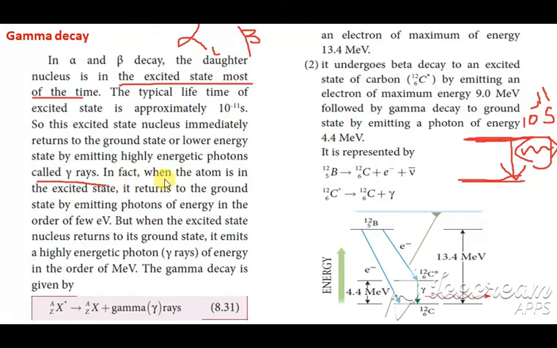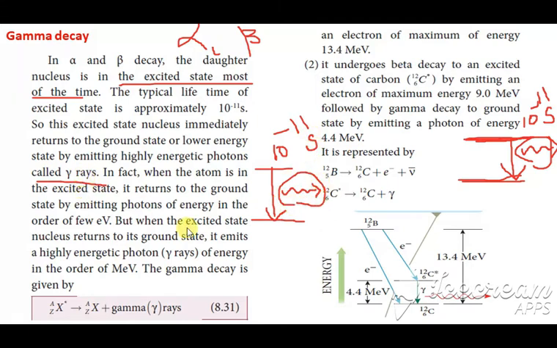Clear? So this is the ground state and this is the excited state. When any atom from the excited state comes down to the ground state, it gives off some energy. It comes down after the time of 10⁻11 seconds, and that energy given is called gamma rays.